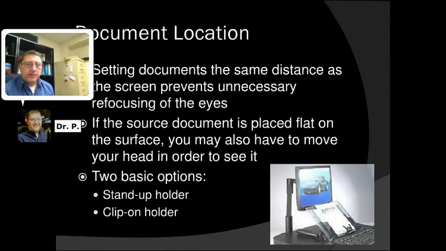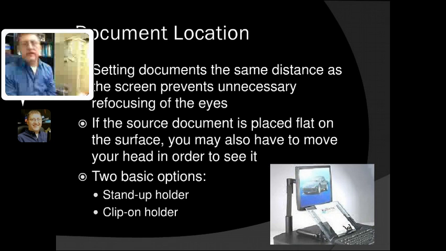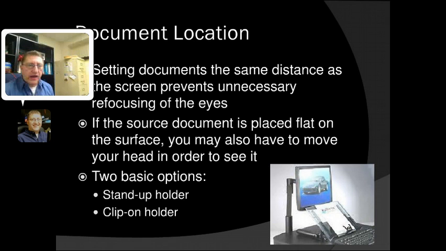Now let's think about the documents that we use, and most people will use both documents and the computer screen simultaneously, at least sometimes. Whether or not those documents need to be placed in a document holder kind of depends on the work layout of the desk, the purpose for the document, and how often you have to refer to it. Do you read the document for a while and then use the keyboard for a while, or is it back and forth, back and forth, back and forth constantly?